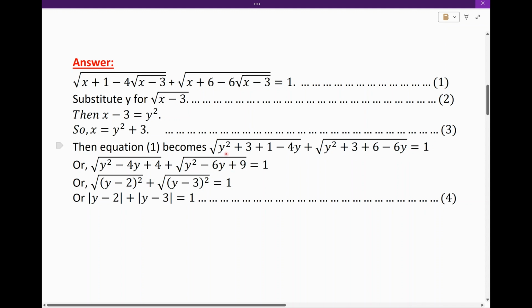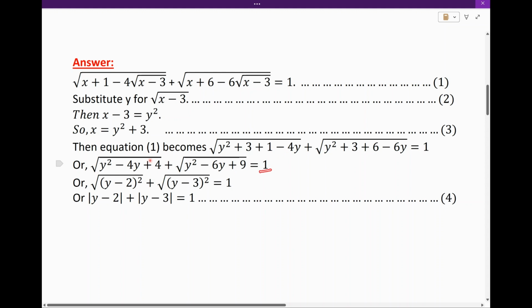Rearranging terms under both square roots, we get y squared minus 4y plus 4, plus y squared minus 6y plus 9, is equal to 1.